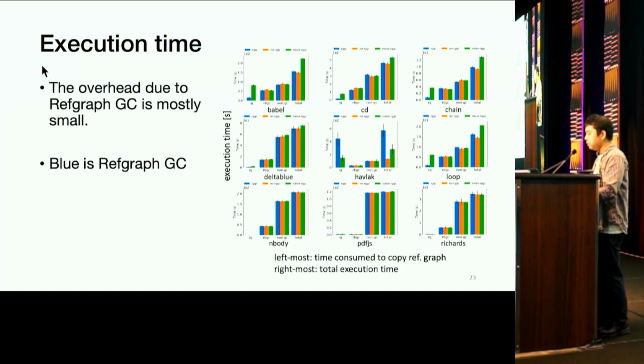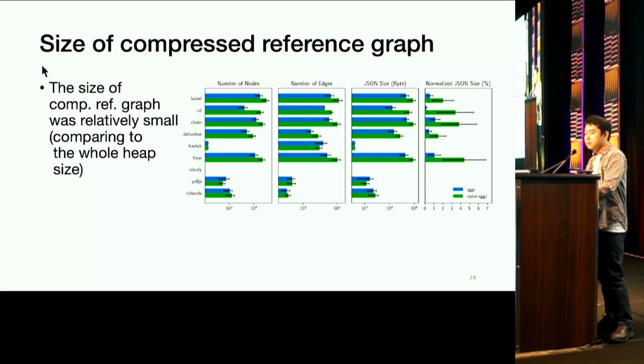The overhead due to Refgraph GC is mostly small, compared to the whole execution, or compared to the Ruby garbage collection. And the size of the compressed reference graph was relatively small. It did not exceed 2% of the whole heap space.